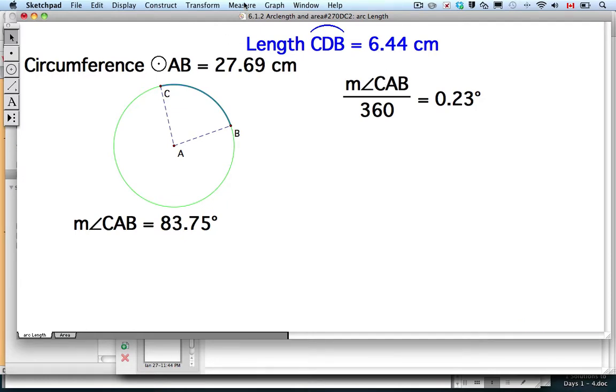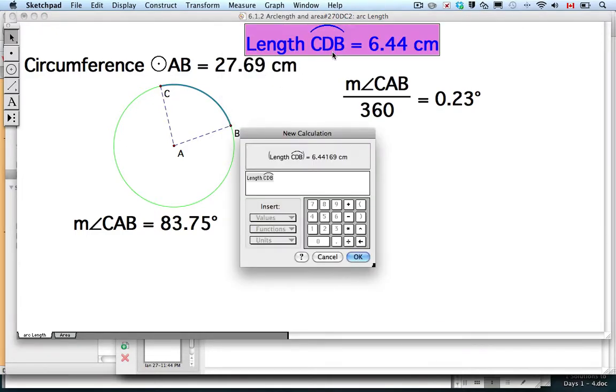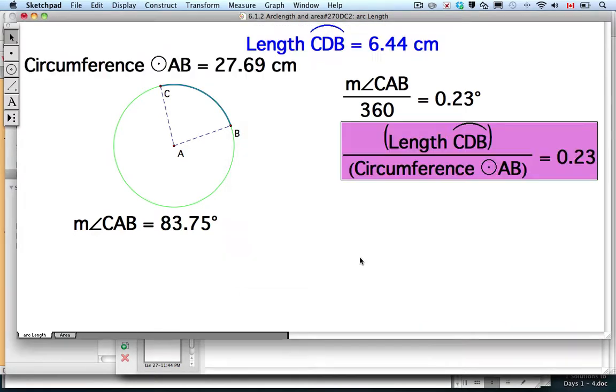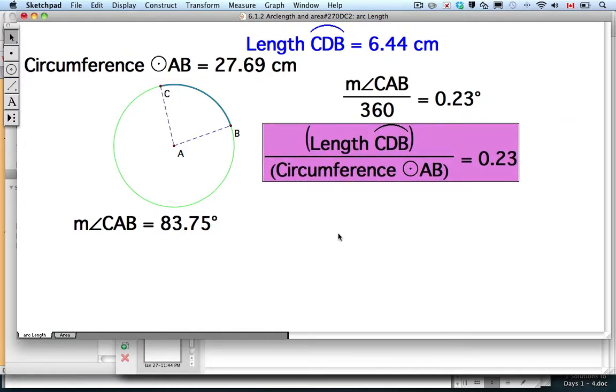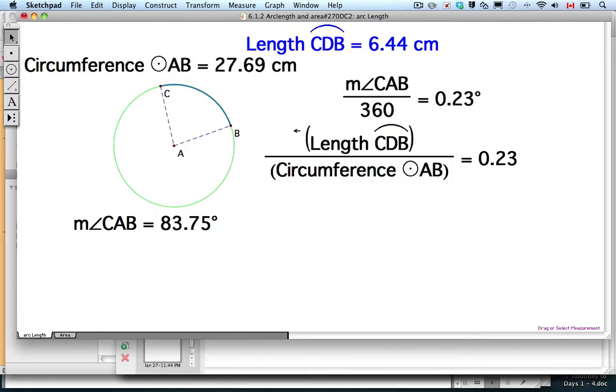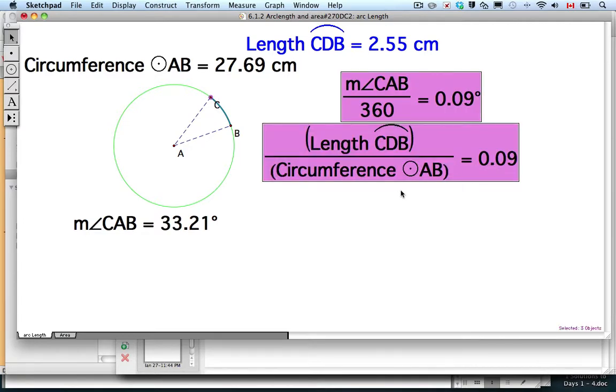So let's do a proportion. We can do a part to whole proportion again: part of the circumference, CB, divided by the whole circle circumference. And what do you know? The ratios are the same. Even if I change the angle, the ratios change, but they're always the same value.